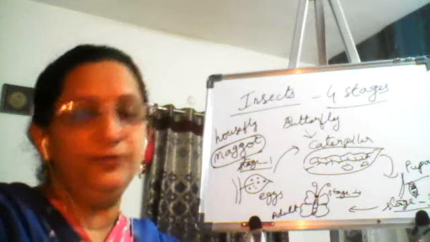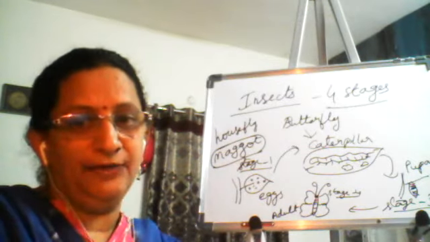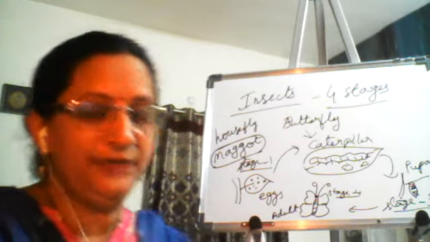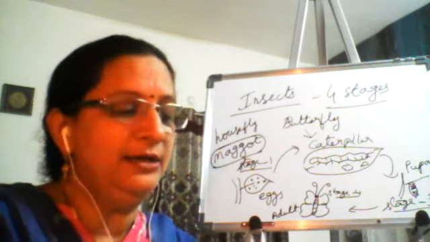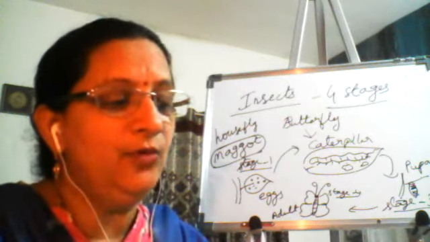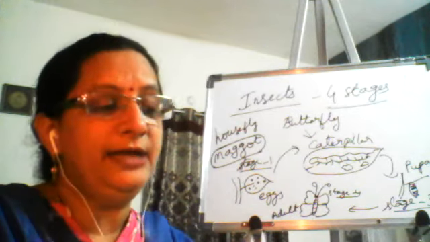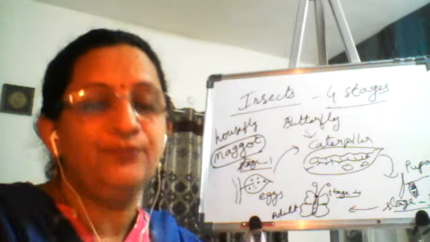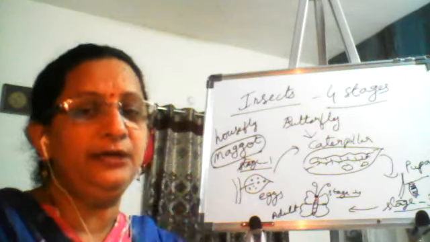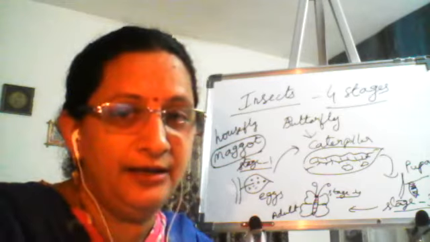And what is the food of the caterpillar? I have also explained to you that the food of the caterpillar is the leaves. It will eat lot of leaves on the trees where it is hanging. And what is the other name of pupa? Cocoon is the other name of the pupa. So what do you think is inside the pupa?